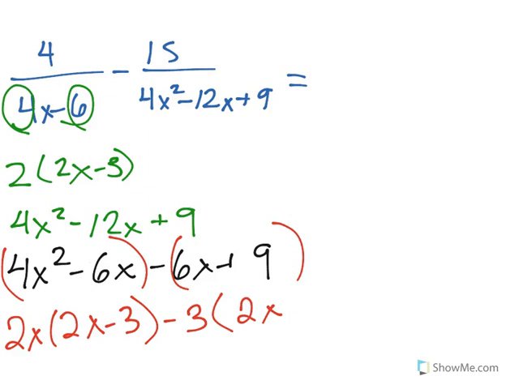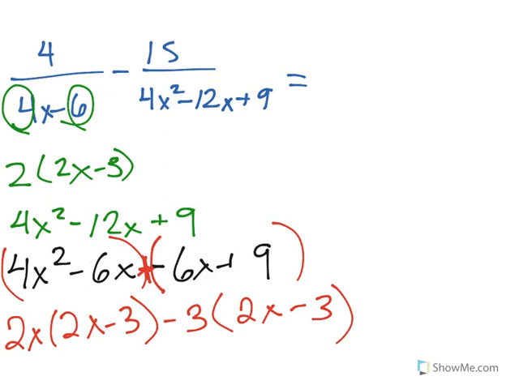So here I made a mistake by putting the parentheses in the wrong place. So I had it like this. You have to put the parentheses right here, and here put a plus, because if you were to leave the negative out, then it would distribute to the 9, and you don't want that to happen. So I'm sorry about that. And we have negative 3 and 2x minus 3.